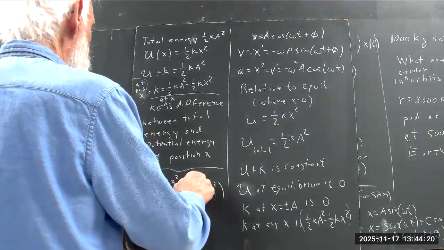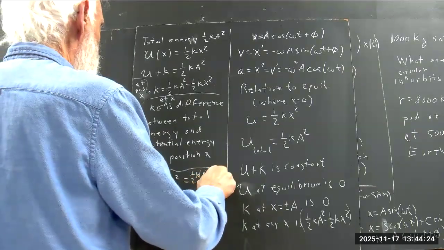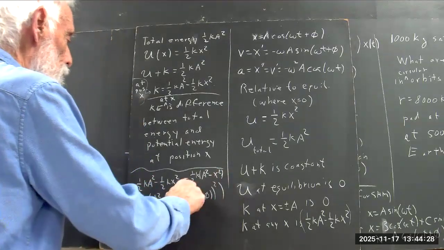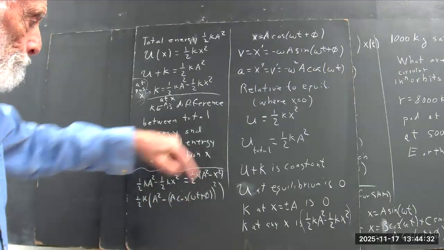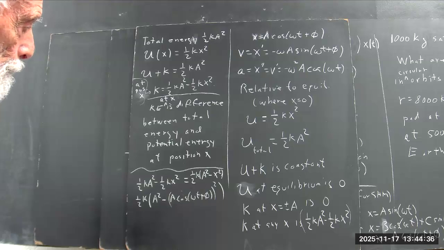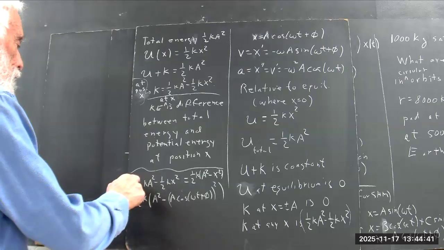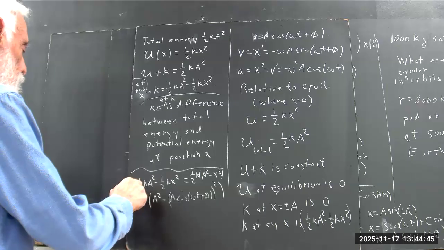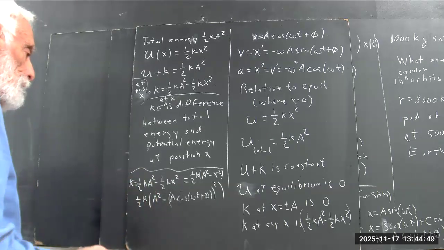I could write that here, written a little sloppily. I think your chapter summary might well have that somewhere in the chapter summary. And of course, this is K. That's big K. This is little K.